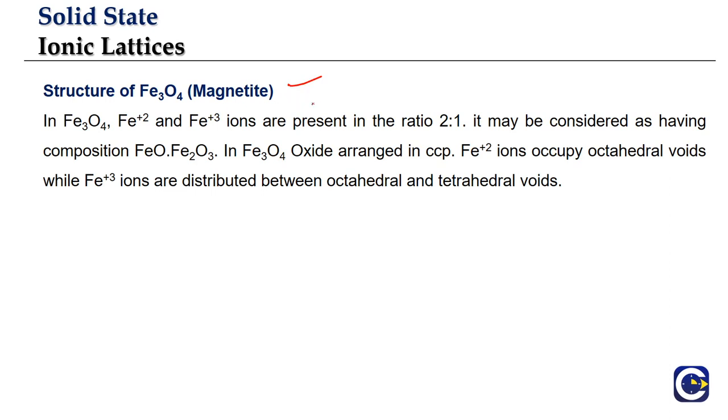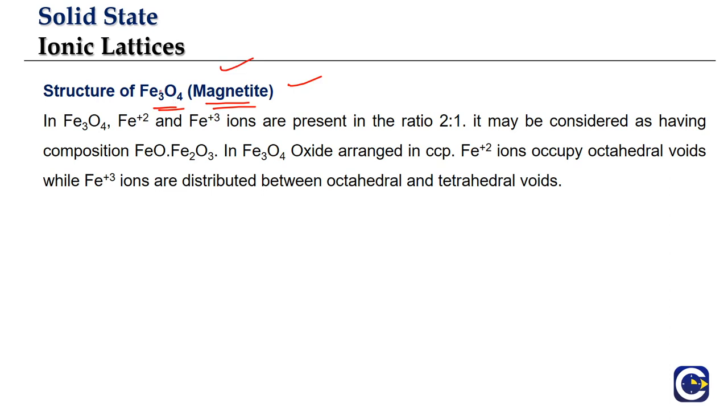Talking about the mixed ionic compounds or the mixed oxides, where we can have different types of anions or different types of cations, we can have the lattice formed by them. We are not going to discuss all the varieties and examples in that. We'll just take a look at one of the popular oxides of iron, which is the magnetite.